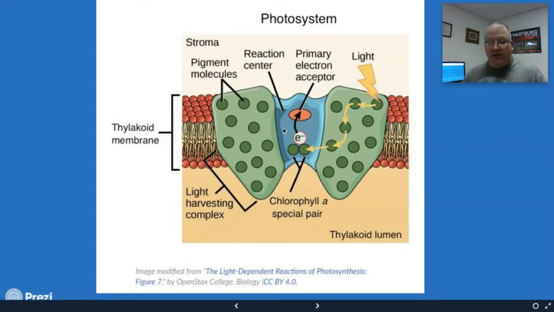So we have two parts of this: the harvesting portion or the light-harvesting part of this photosystem and the reaction center. The reaction center is going to be the primary electron acceptor. We now have the very last place where that electron hot potato is going to then be taken to the next level.